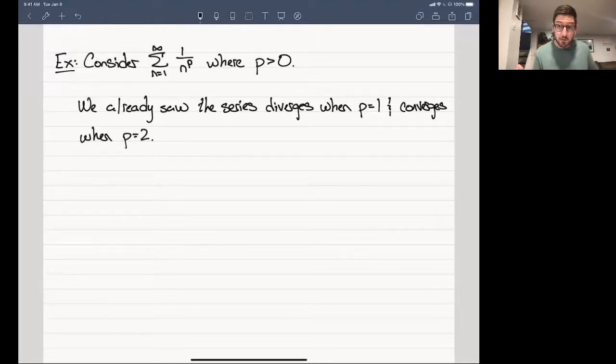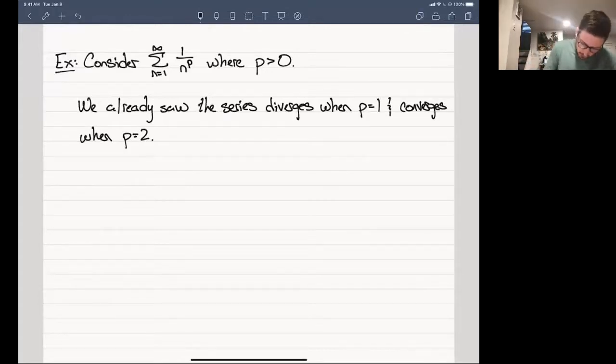We don't know what it converged to when p is equal to 2. In fact, I can tell you, I believe it's about pi squared over 6, but it takes a lot more work. That's much heavier machinery, much heavier mathematics that needs to show you that. All this can do is tell you if you converge or not. If you do converge, then a lot of the time you can just use a computer to approximate what the summation is going to be.